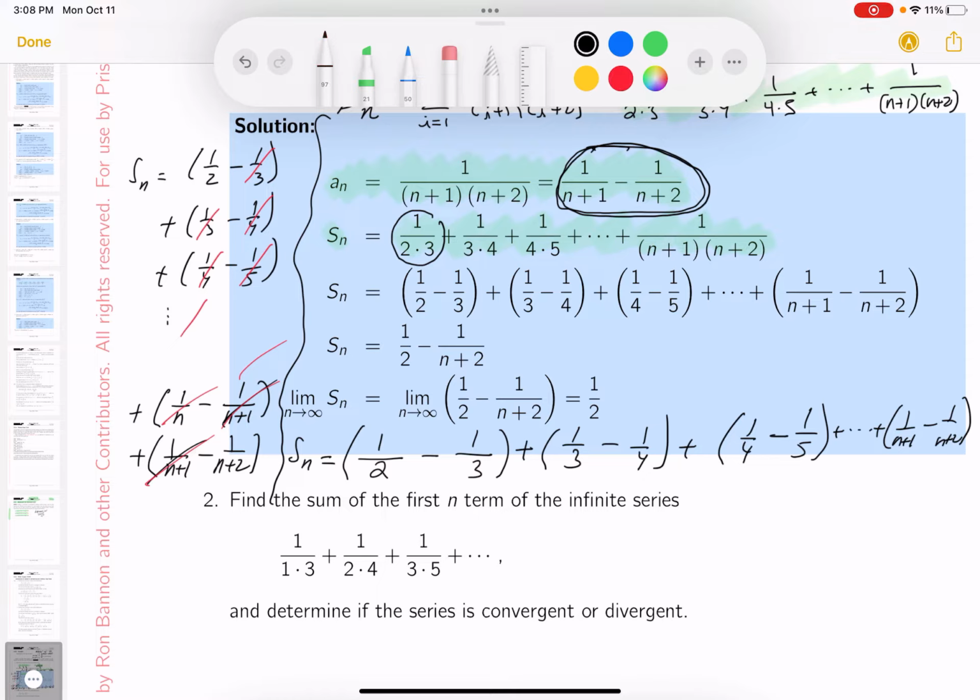Let's write this down. So Sn, after all those cancellations, and it's called the nth partial sum, what would I be left with? 1/2. I'm looking around for anything left. I see the 1/2, and then I'm left with this guy in the end, and that's minus 1 over n plus 2. All right? Let me show you where that is in the notes.